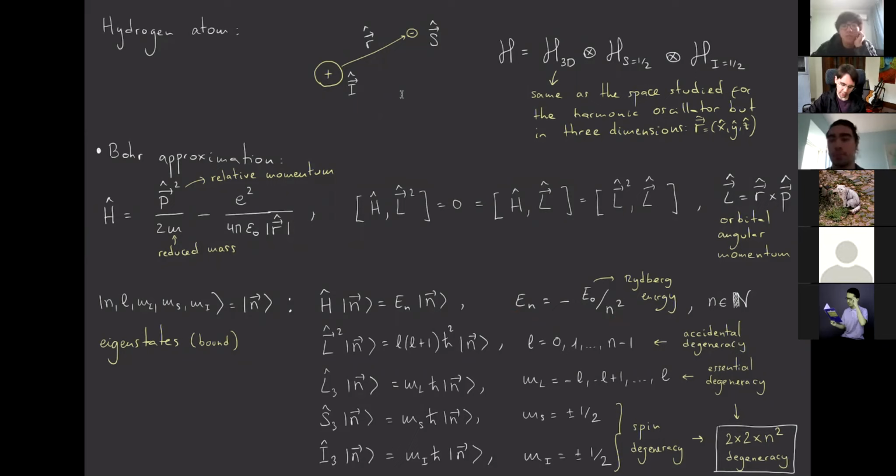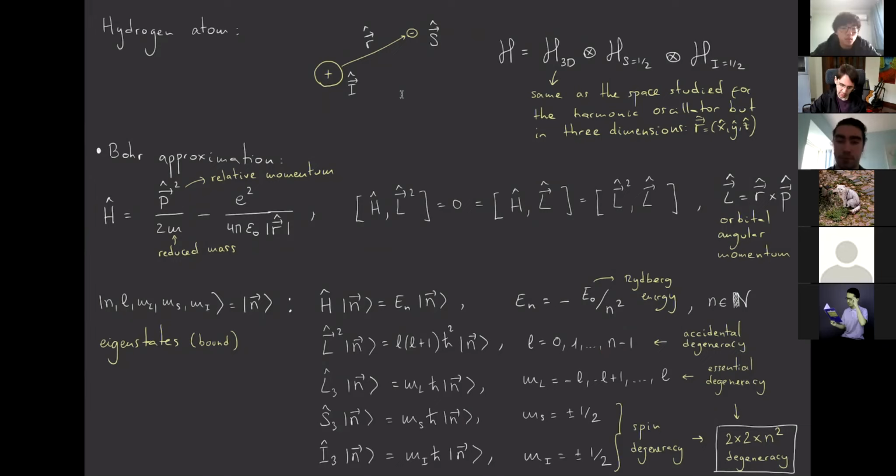Then, the next quantum numbers all refer to angular momentum of some sort. In particular, L is the quantum number associated to L squared, the square of the orbital angular momentum, and it can go only from 0 to n minus 1 for a given energy level n.